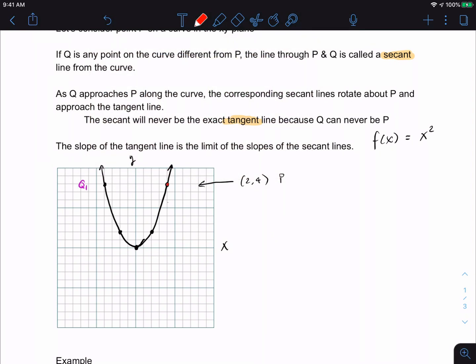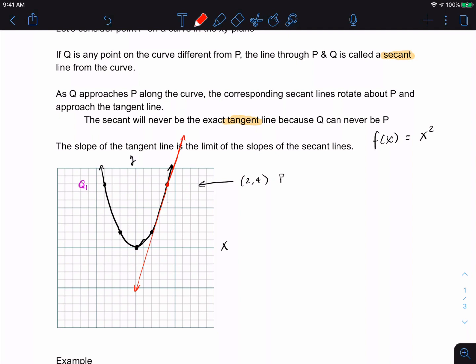If I had a slope that was going through this point, let's see if I can get it to go straight through. That's only going through one point. It's going through that point specific P, right? So that's called the tangent line.